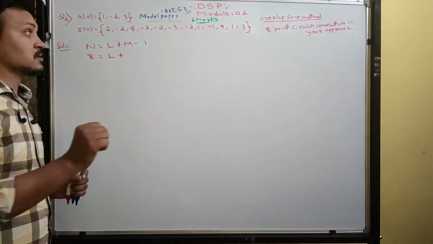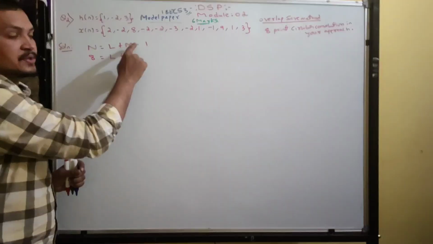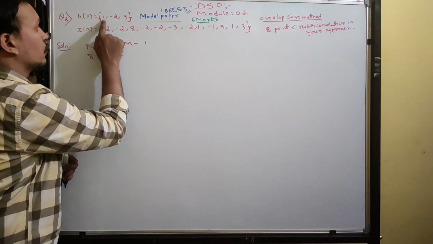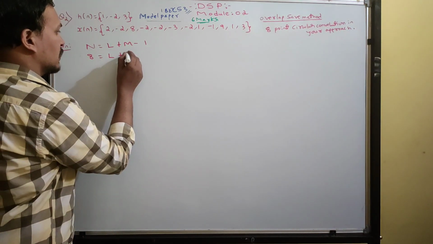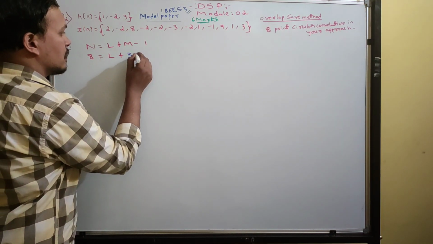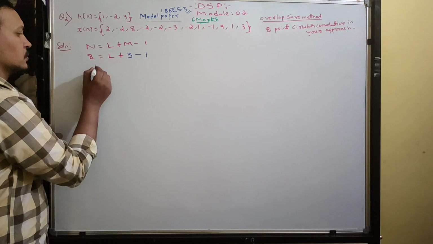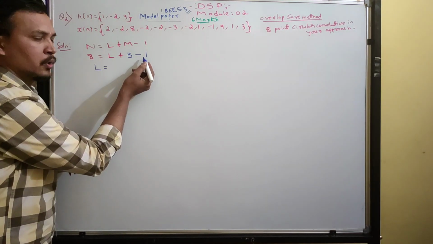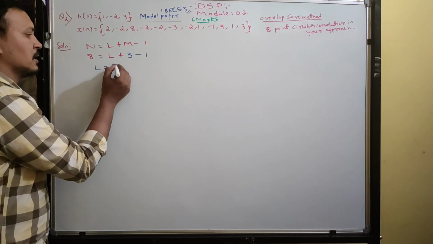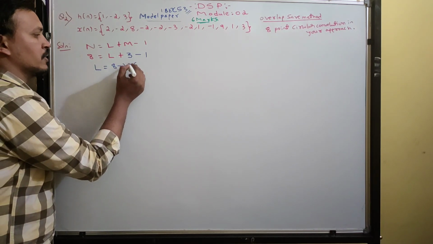The number of samples in the impulse response. There are 1, 2, 3, totally 3 samples, so M is 3. So 8 is equal to L plus 3 minus 1. From this you find the L value. L plus 2 is 8, so take 2 to this side, 8 minus 2 is equal to 6 samples.